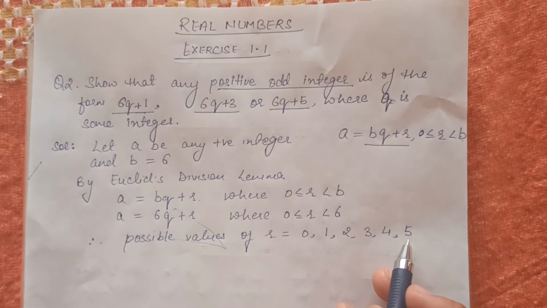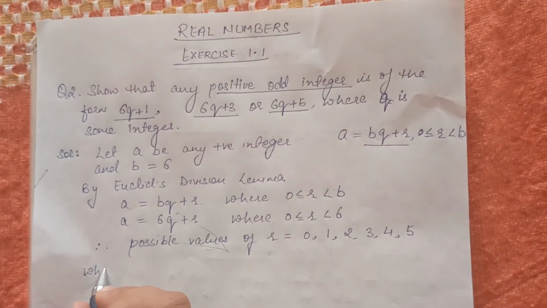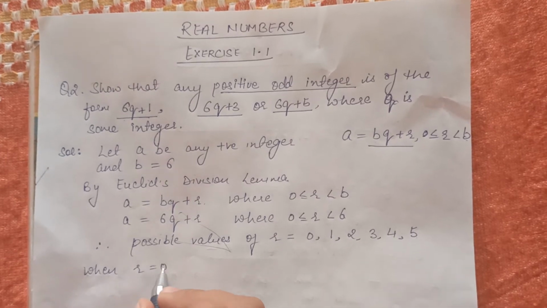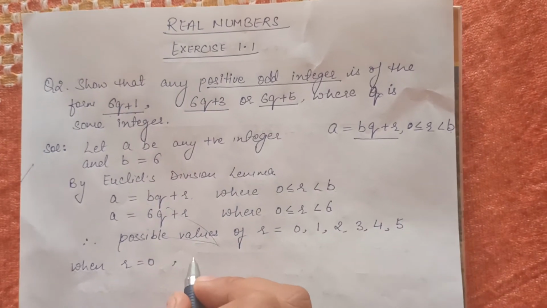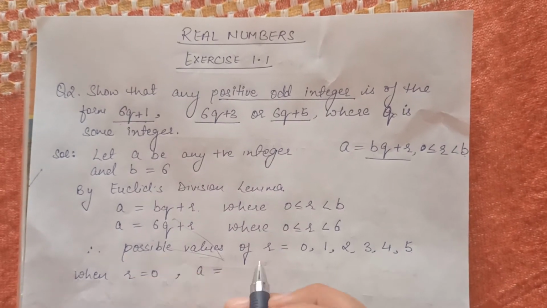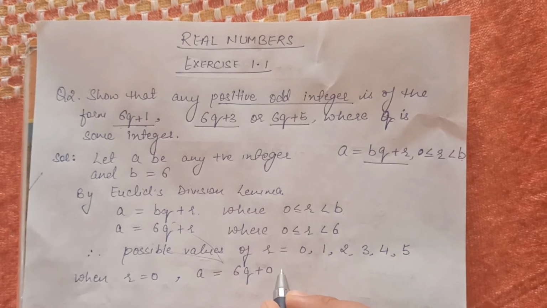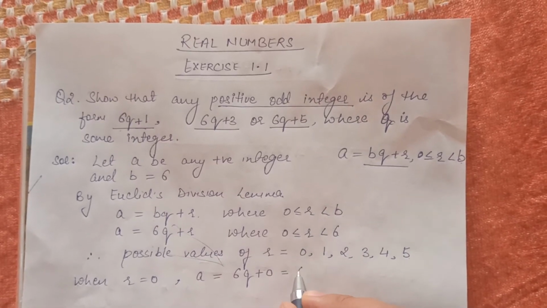So maximum r can take value 5. Now when r is 0, what does a become? a is equal to 6q plus 0, or we can say this is 6q.